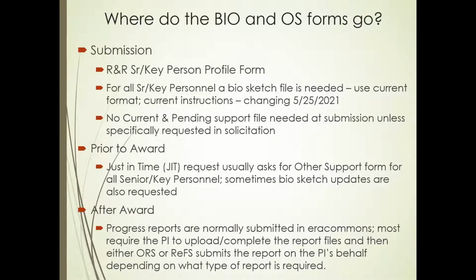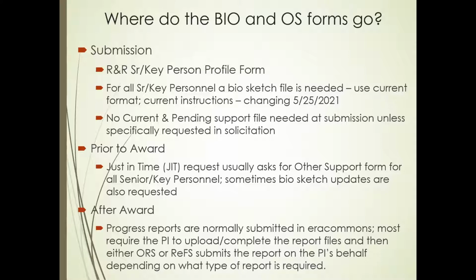So where do the forms go? When you're doing a submission, they go on the R&R Senior Key Person Profile form. And the way we do it here at OU, you'll just send those files to us and your PDS will upload it for you. I mentioned before at submission, you normally don't need a current and pending form.